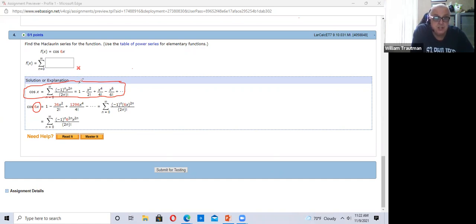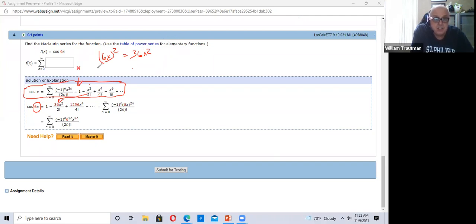And here, if you put 6x in x, nothing changes. Here, if you put 6x in there, 6x squared, the 6 is squared, and the x is squared. So that's what we get.